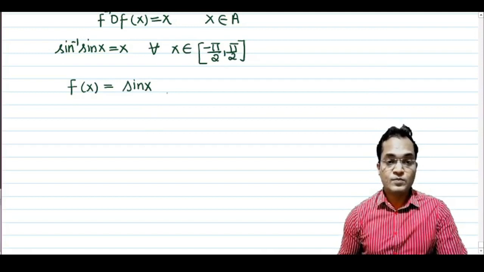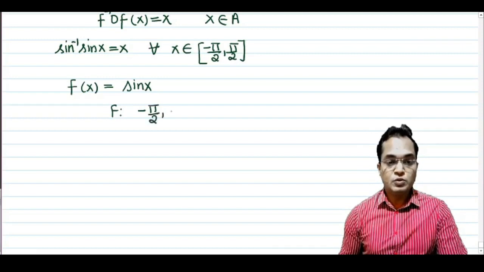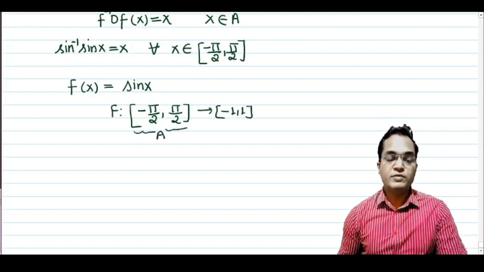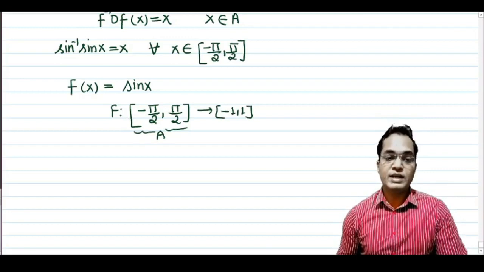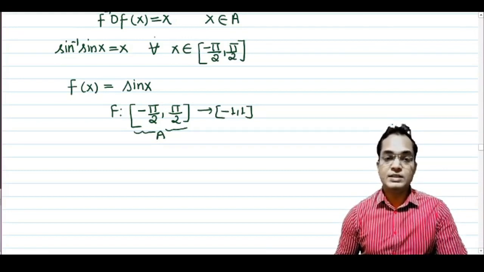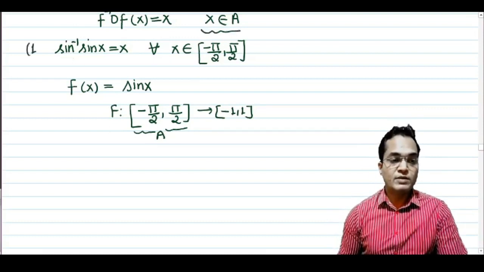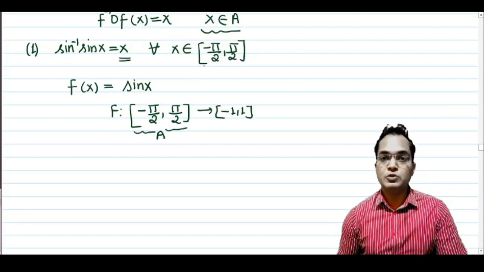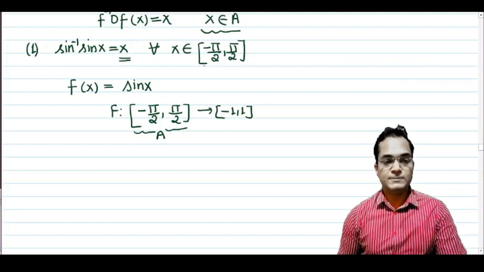Then it is defined from minus 90 to 90, onto minus 1 to 1. Remember it? This is the domain of function f, which works as set A. That's why sine inverse sine x, property number 1, equals x only when x belongs to minus pi by 2 to pi by 2. This is an important thing. Got it?